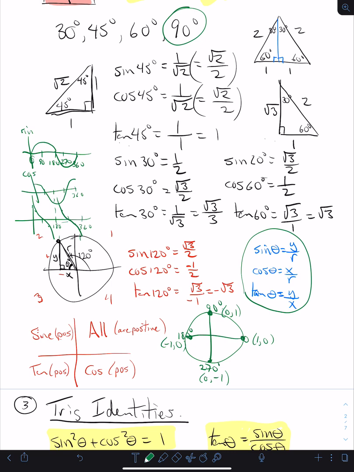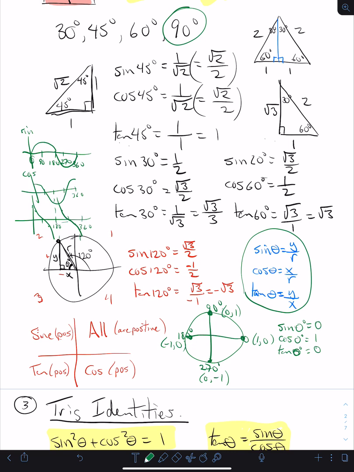So if I think about that y over r being 1 in this case, the sine of 0 degrees, for example, would be 0 divided by 1. The cosine of 0 degrees would be 1 divided by 1. The tangent of 0 degrees is equal to 0 divided by 1, so 0 again.